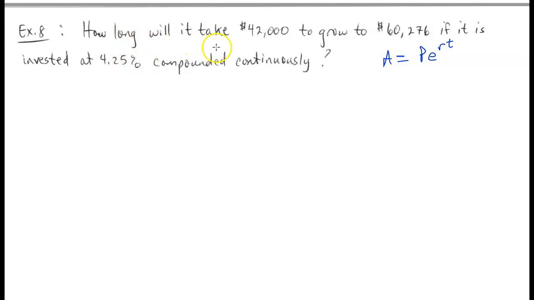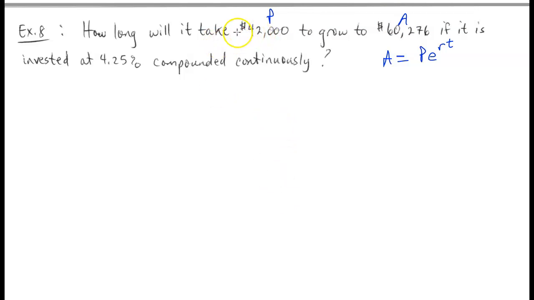So we want to know how long does it take $42,000 to grow to $60,276. So just based off of that, we know that this is our initial amount P, and the $60,276 is going to be our accumulated amount.